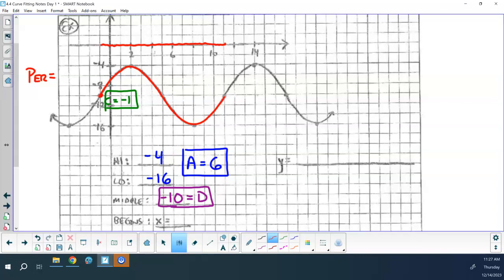Do we all agree with 12? We should agree with 12 because it is 12. So 12 is my period, and we just said that my period was equal to 2 pi divided by b. Which means that 12b is equal to 2 pi, which means that b is pi over 6.